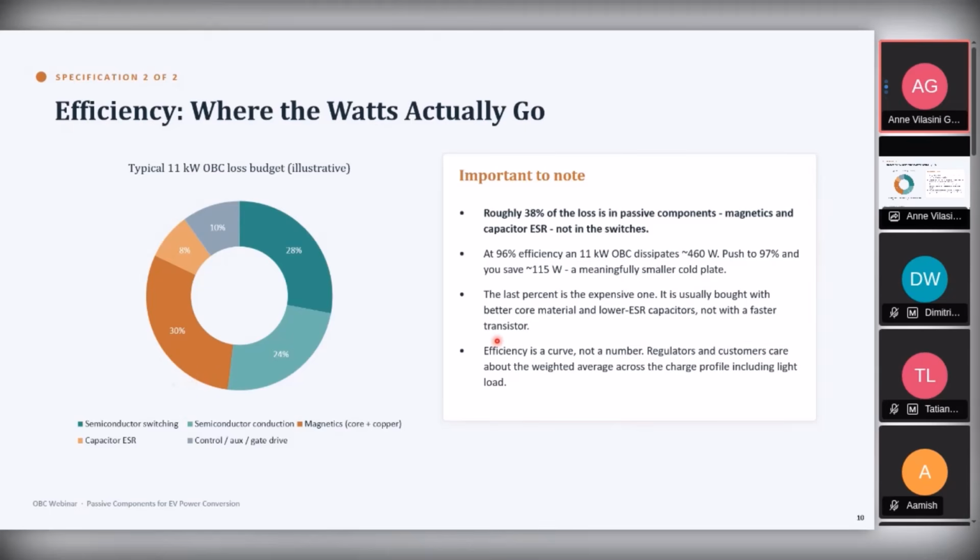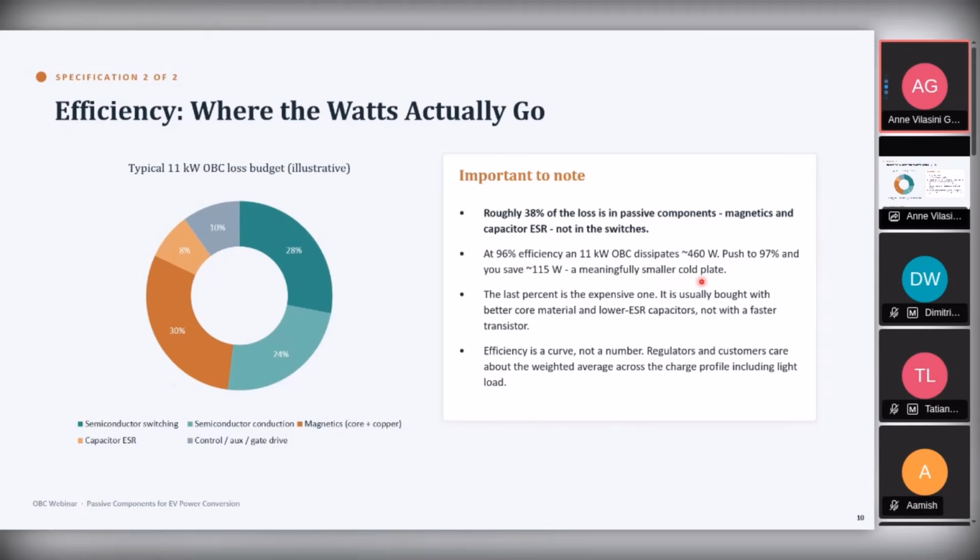So why does this matter? Your customer wants you to design an onboard charger, and they give you a number for efficiency. They say, I want a 96% efficient onboard charger. When you calculate 96 percent of an 11 kilowatt OBC, you see that you're losing around 460 watts as heat.